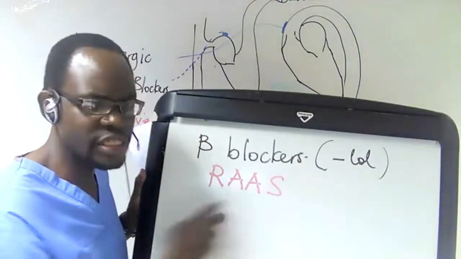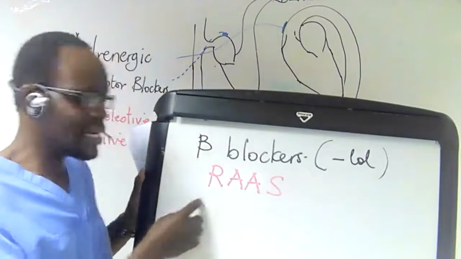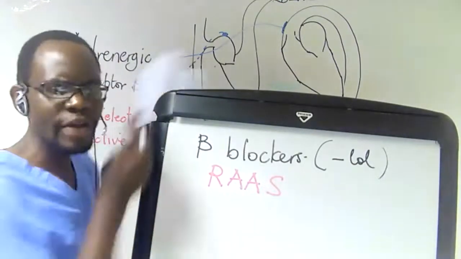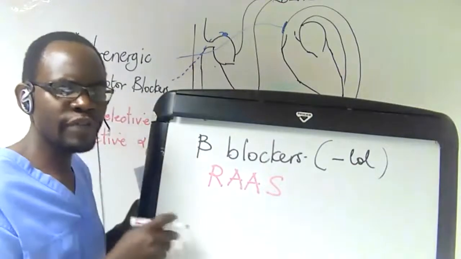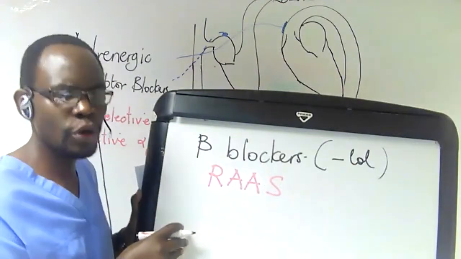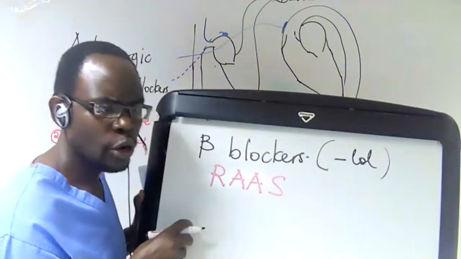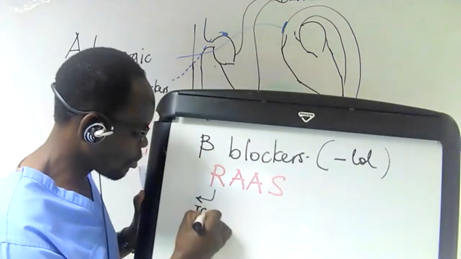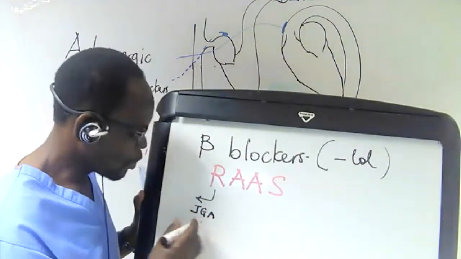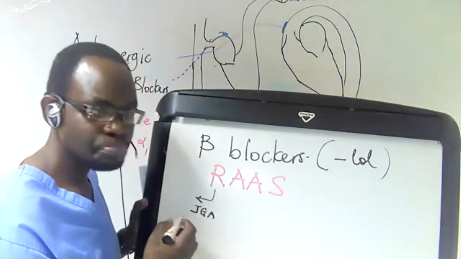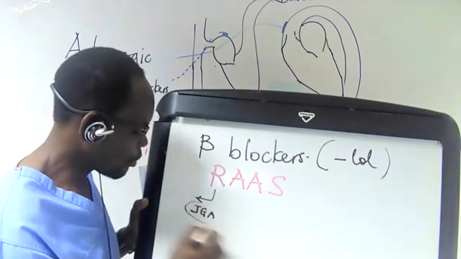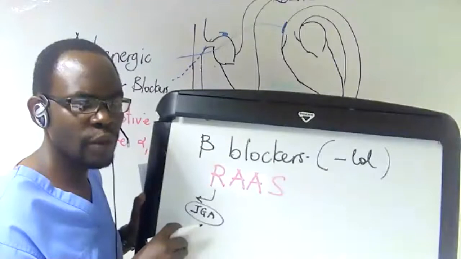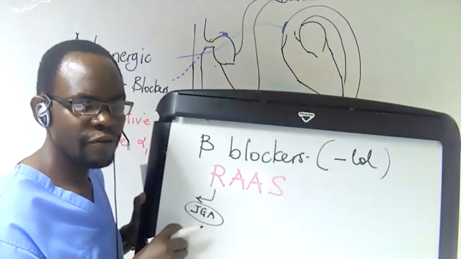This renin is basically produced in the juxtaglomerular apparatus within the kidneys, which is located in the distal tubule of the nephron.